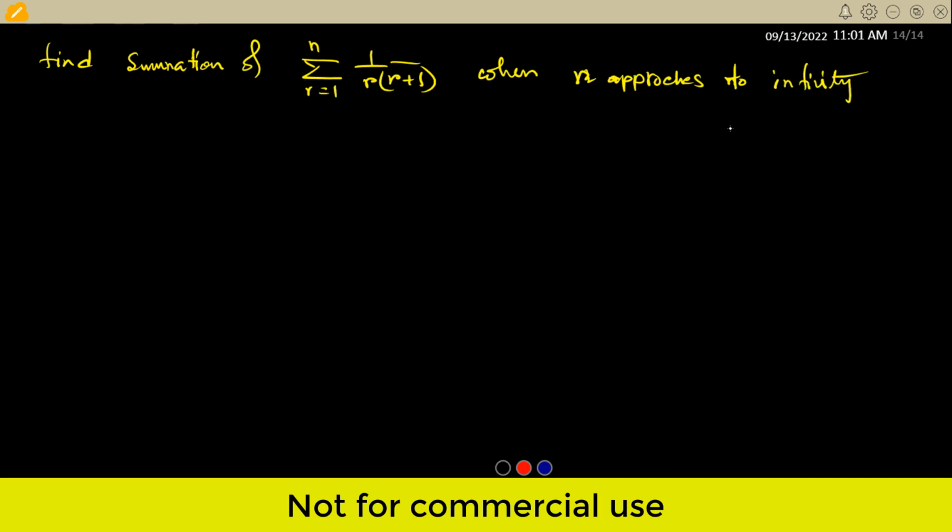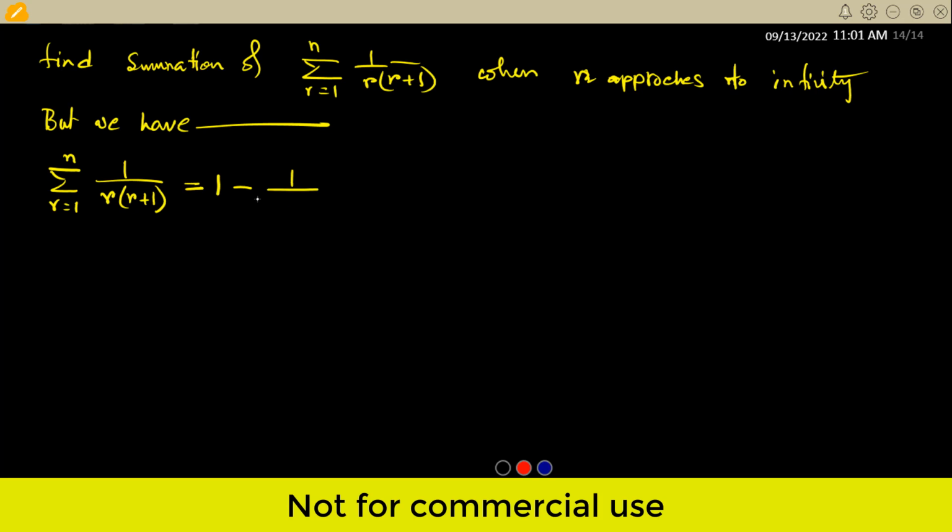When n approaches infinity, we have to find the summation of this term. But we have the summation of r equals 1 to n of 1 by r into (r plus 1), which can be expressed as 1 minus 1 by (n plus 1).